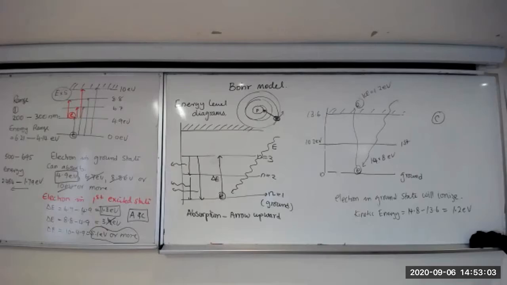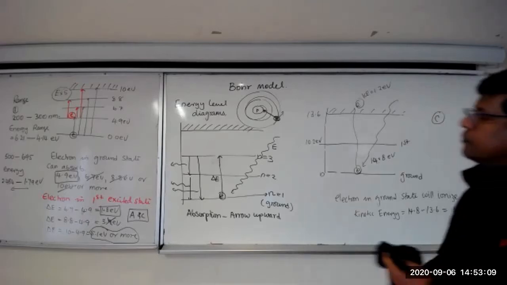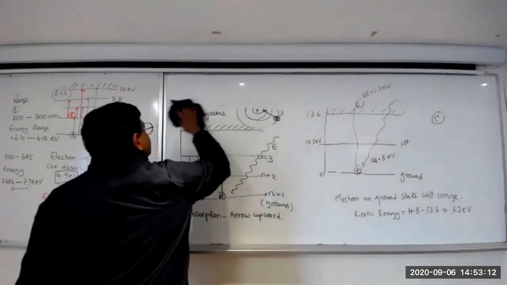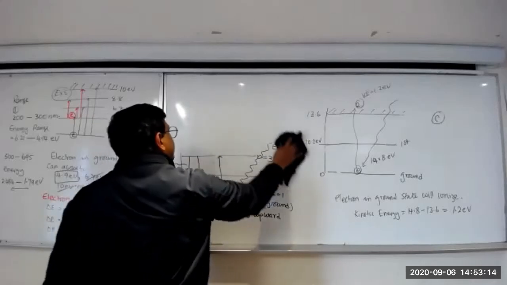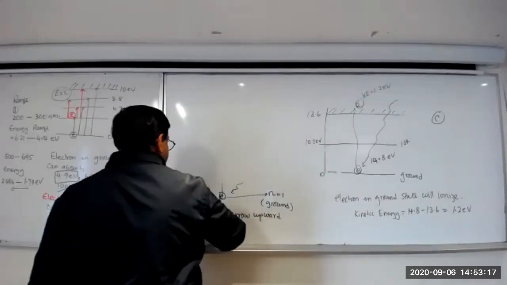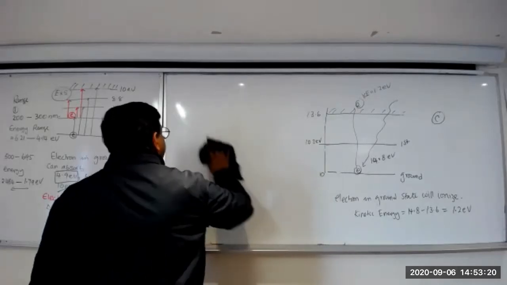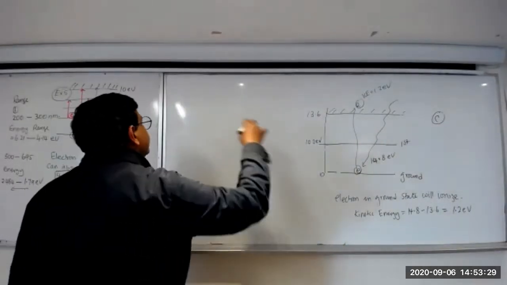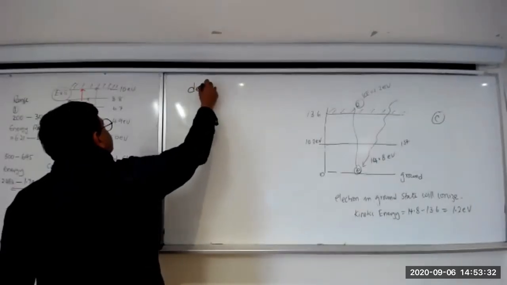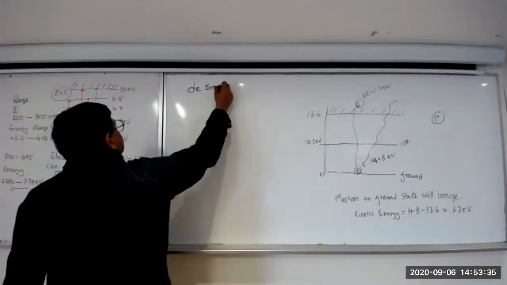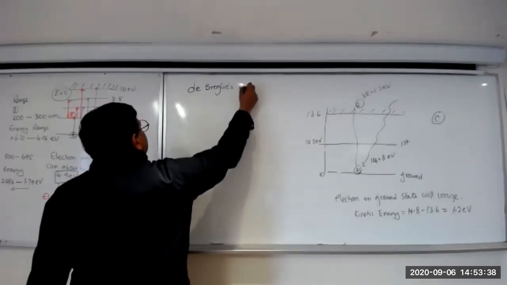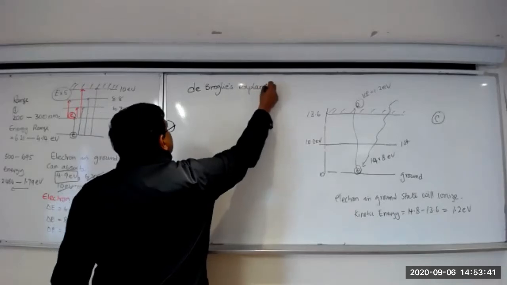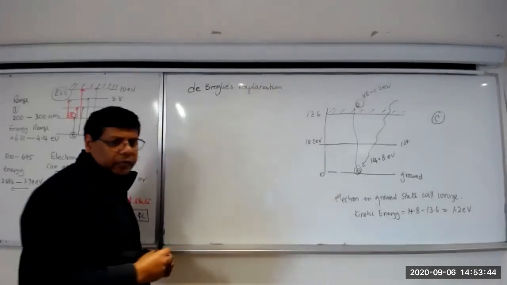We'll go through de Broglie's explanation and then we'll wrap up everything. De Broglie's explanation of the presence of quantized energy levels. He was trying to give an explanation why the electron can't collapse. This is a common exam question, okay?